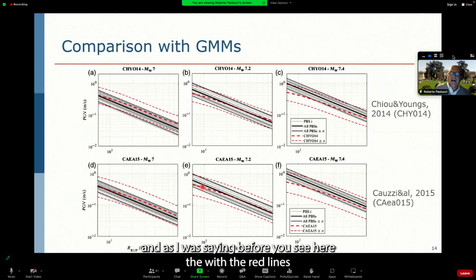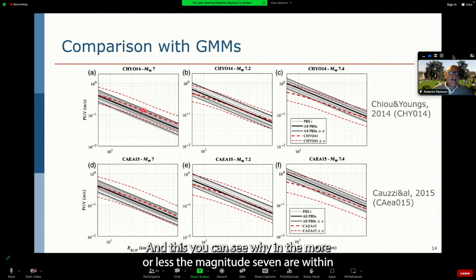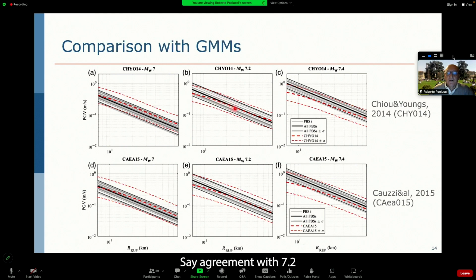And as I was saying before, you see here with the red lines the Chiou and Youngs, and also the Kotha and others empirical ground motion models, and with the black lines the resulting attenuation of peak ground velocity with distance from the physics-based numerical simulations. As you can see, magnitude 7 is well within the range of variability of the empirical ground motion models, with a very good agreement for 7.2. With the 7.4, the black line, so the average of the numerical simulations, tends to go towards the higher range of the empirical ground motion models.